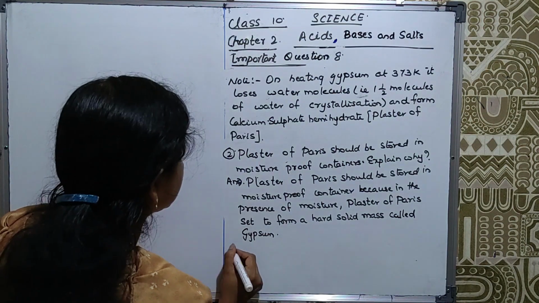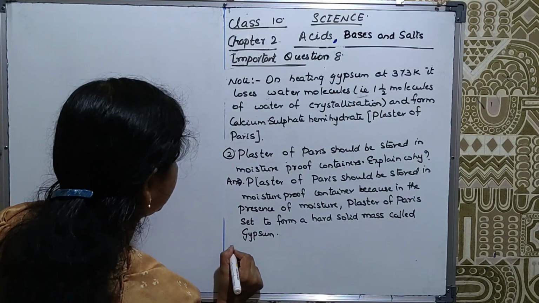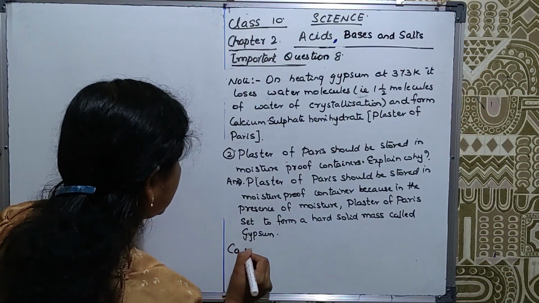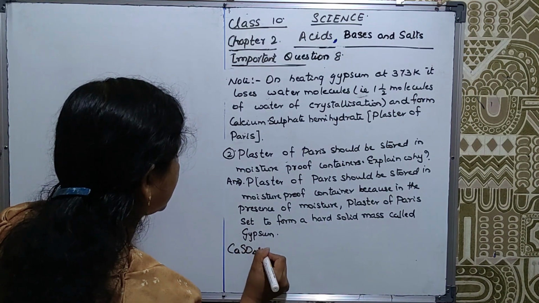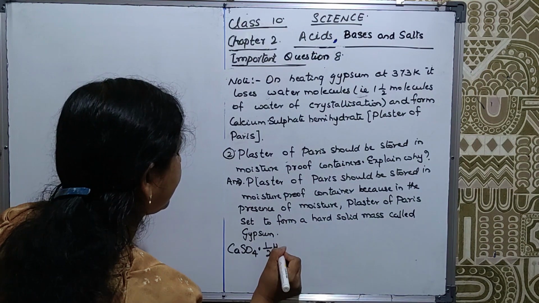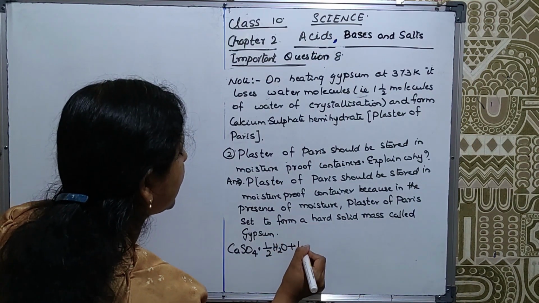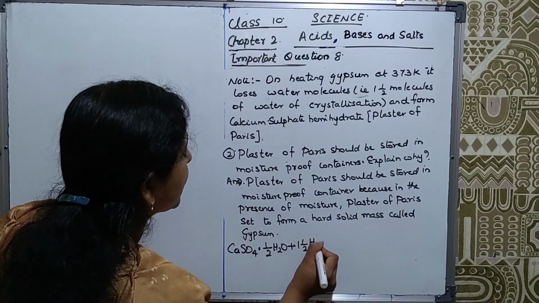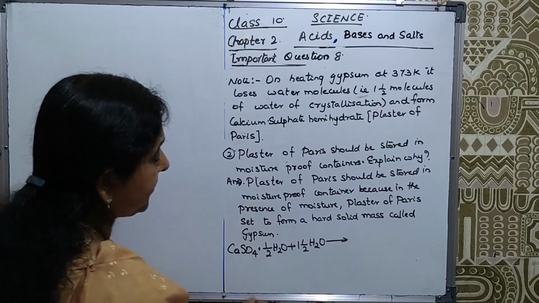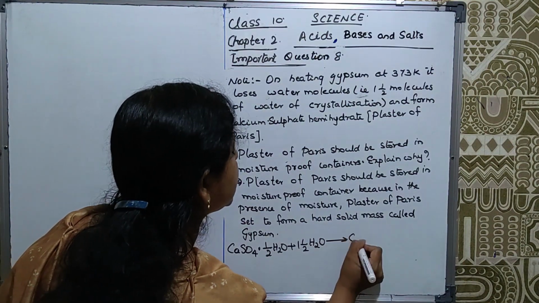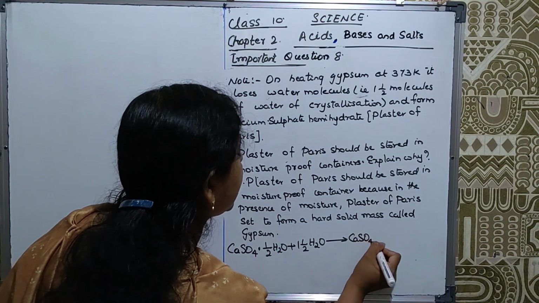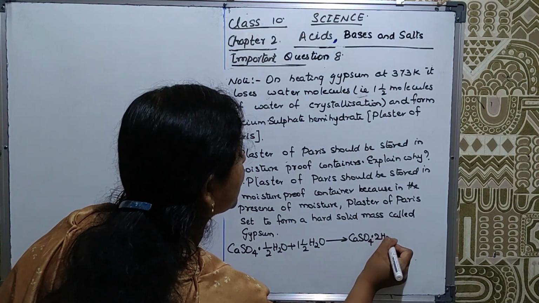Now we'll write the equation. Plaster of Paris formula is CaSO4 dot half H2O. To that one, 1.5 molecules of water of crystallization will be added, so that you will get calcium sulfate dihydrate, CaSO4 dot 2H2O.